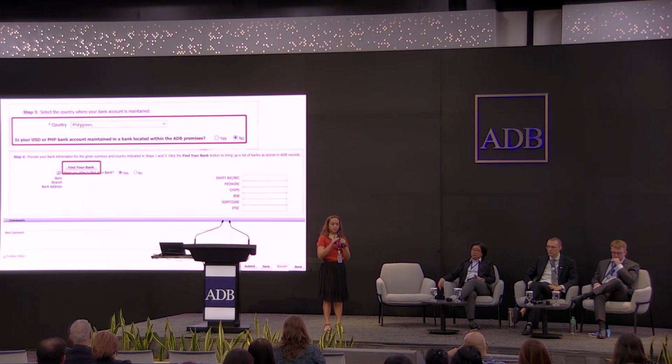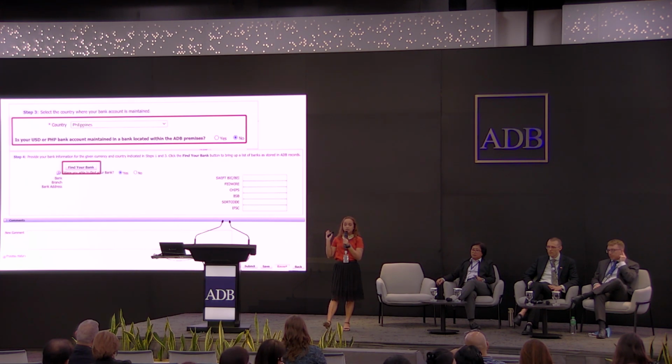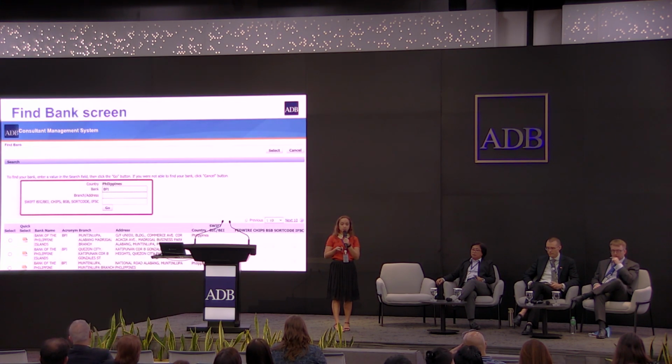We have there a button for whether you were able to find your bank, yes or no. So we highly recommend that you search for your bank in the ADB list of banks. So just indicate yes, and then click on Find Your Bank, which will open the screen where you'll be able to search for your bank. We have 3 fields available here.